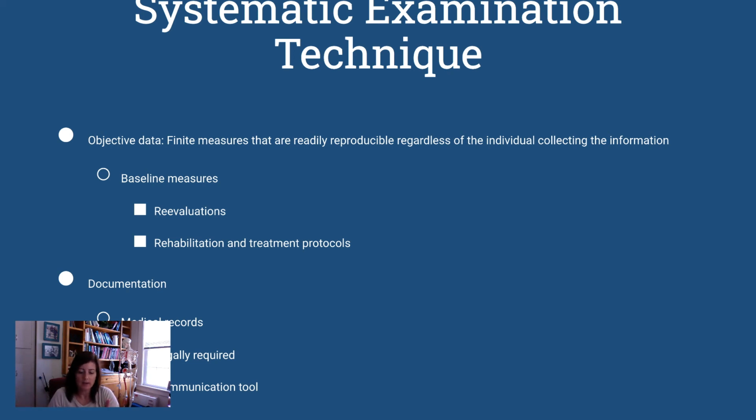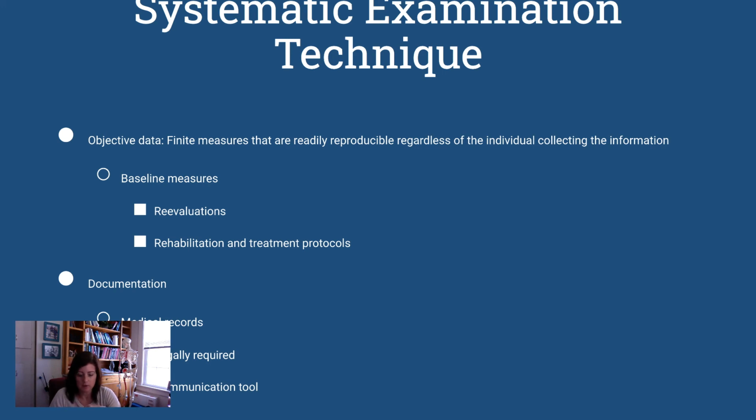And we're going to want to take baseline measures, so measurement when you first see that patient, whether it's acute, like an on-field examination, or whether you're in the clinic or training room, and then consistent and scheduled reassessments periodically to assess progress, and then obviously make changes as needed.